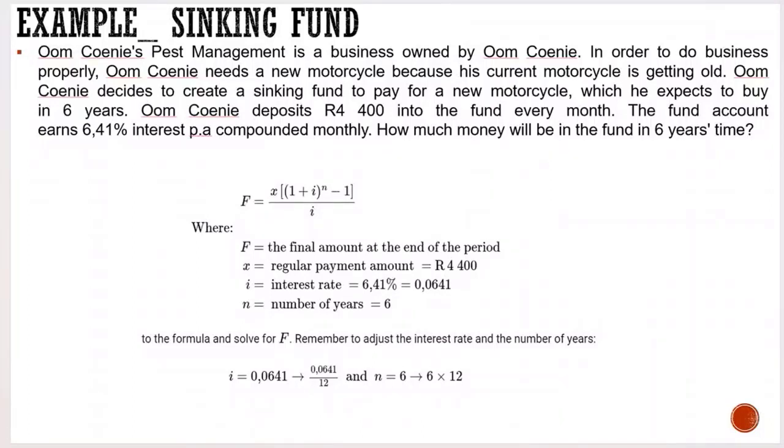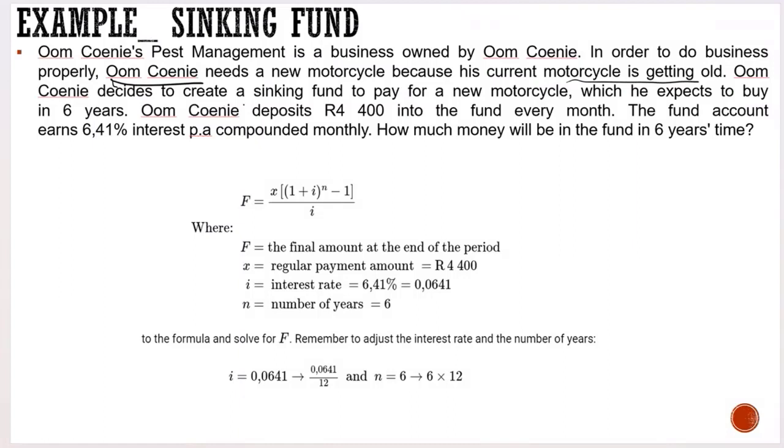In this example, you've got Ukoni Pest Management, which is a business owned by Mr Ukoni. In order to do business properly, he needs a new motorcycle because his current motorcycle is getting old.